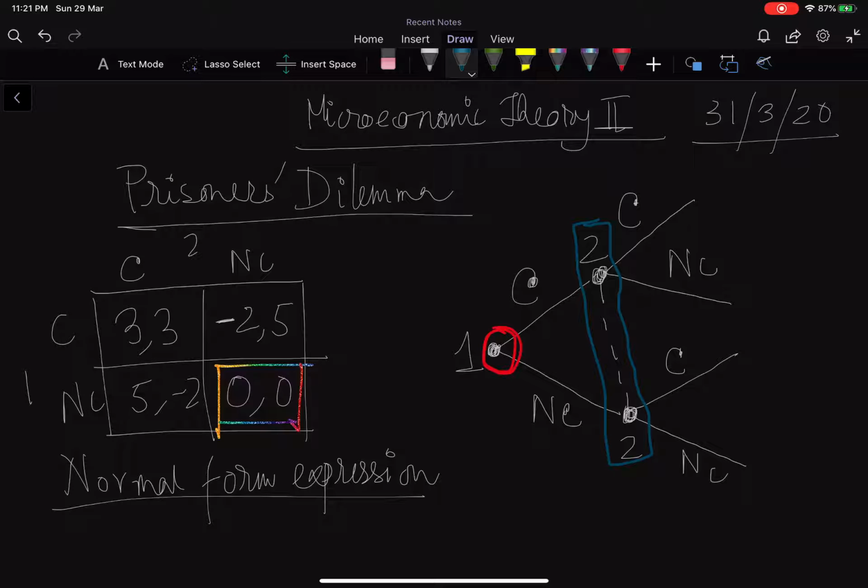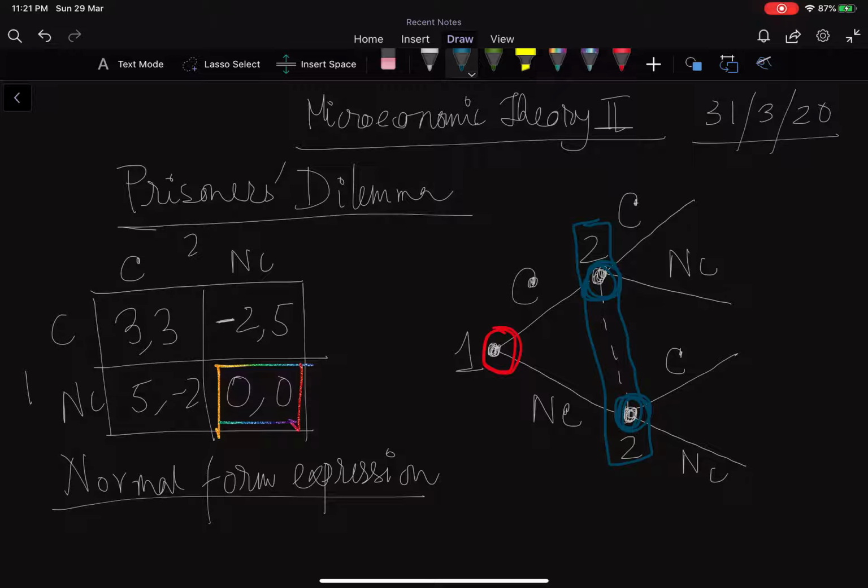Okay, so when 2 gets to move, 2 realizes that it is either in this top node or in the bottom node. What it doesn't know is which of the two nodes it is sitting on, because if prisoner number 2 knew which node he is sitting on, then that would have made the game sequential move, because then 2 would have observed whether 1 has chosen C or NC, right?